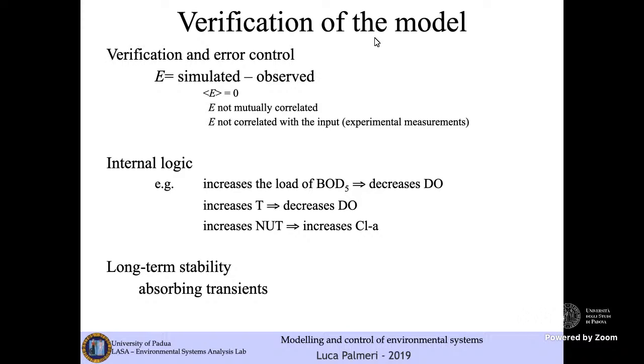Please notice that these are not so trivial checks, meaning that when you're building a mathematical model, you are adding an arbitrarily high level of complexity, which may make things very difficult to follow in an explicit way.